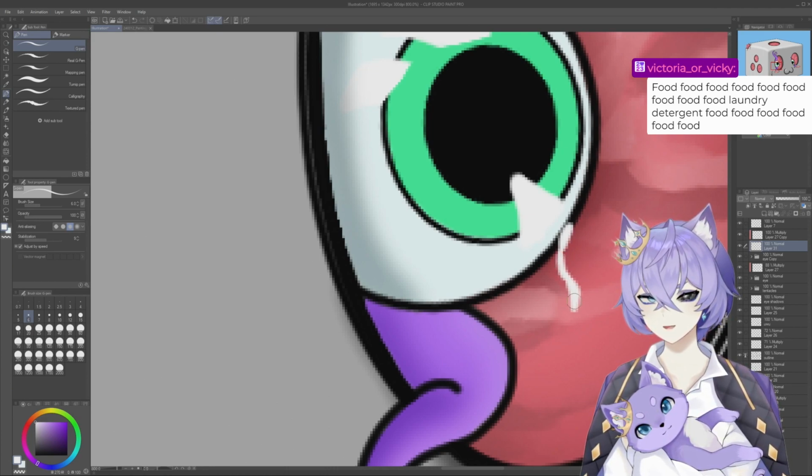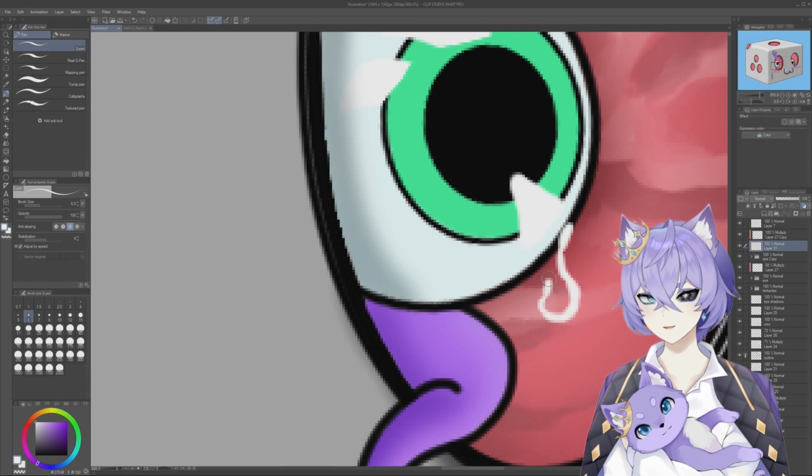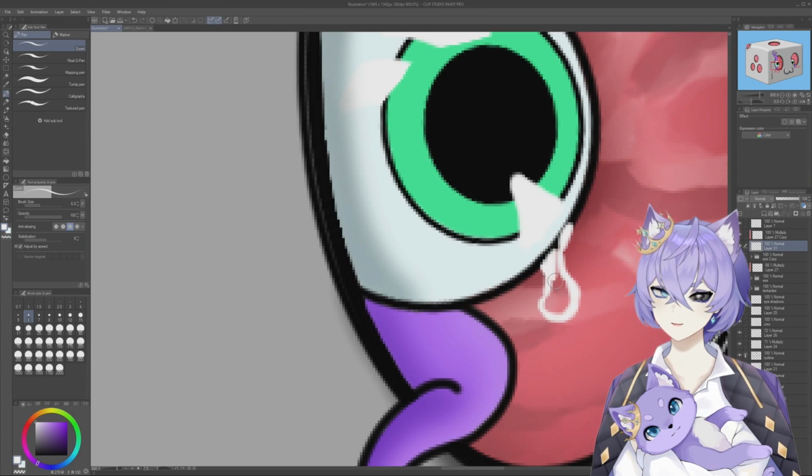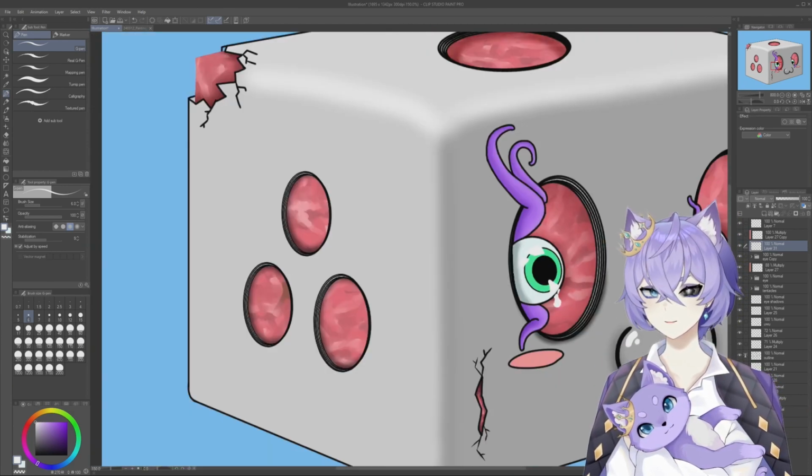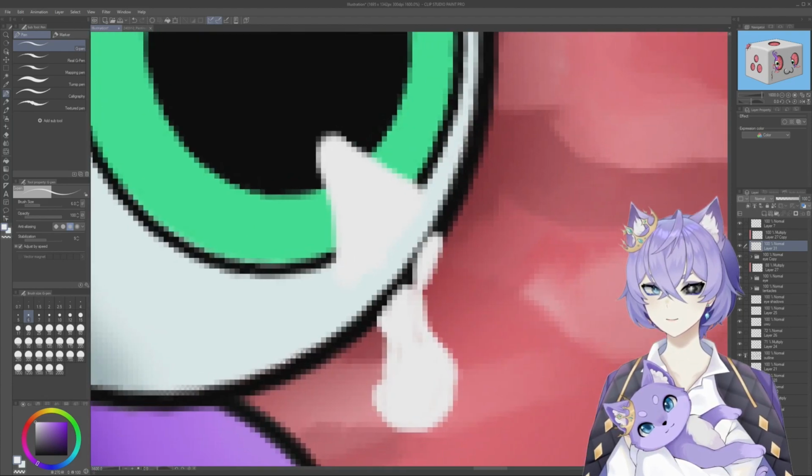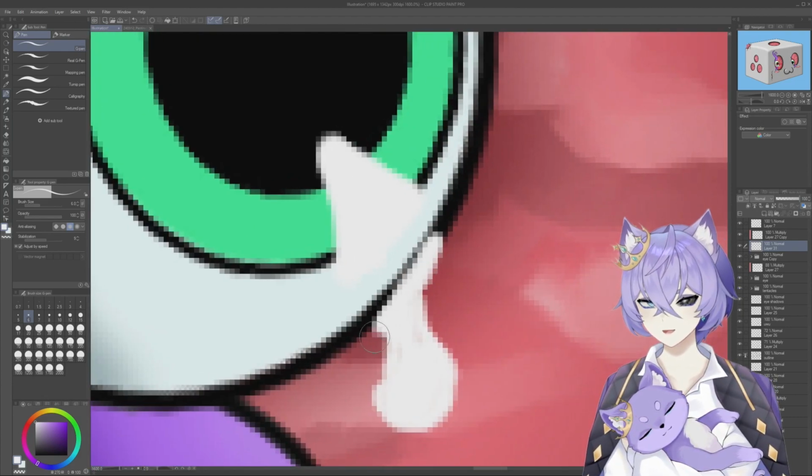So yeah, maybe we just have like globules of mucus coming off of the eyeball. And pray that I don't make the same mistake as I did last time.